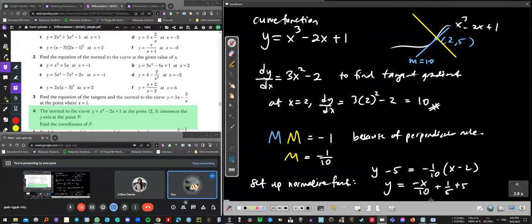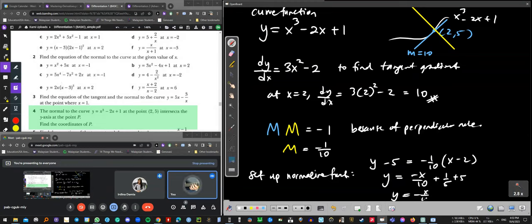So kita dah jumpa dah dia punya y-intercept, betul? Negative x over 10 plus 5.2. That's your y-intercept. Meaning, kita dah jumpa jawapan, dia punya coordinate P is actually 0, 5.2. That's it.